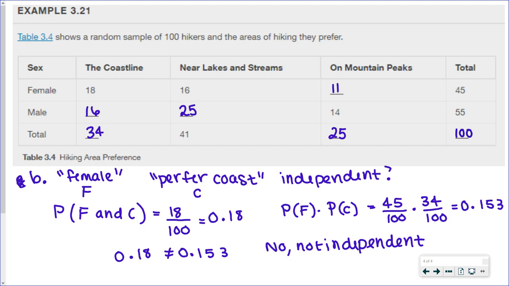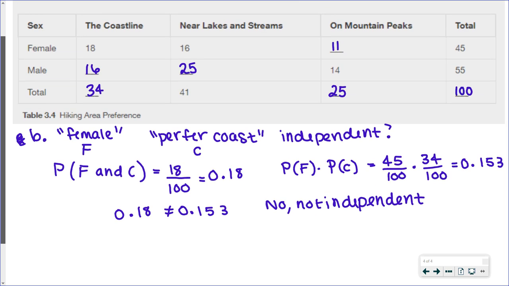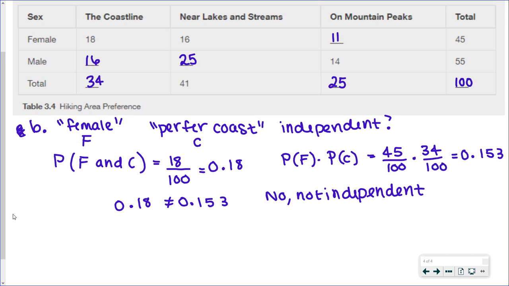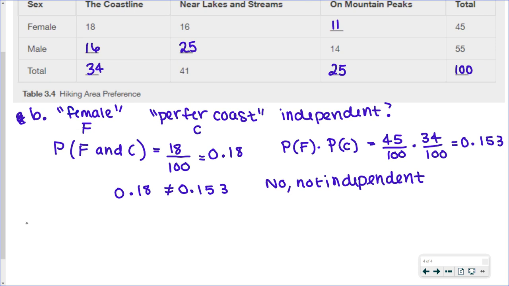Letter C asks us to find the probability that a person is male given that the person prefers hiking near lakes and streams. So for letter C, we're going to say M is for male, which we know is, how many males are there? 55 out of 100.